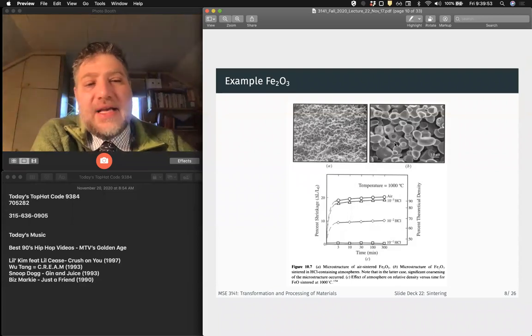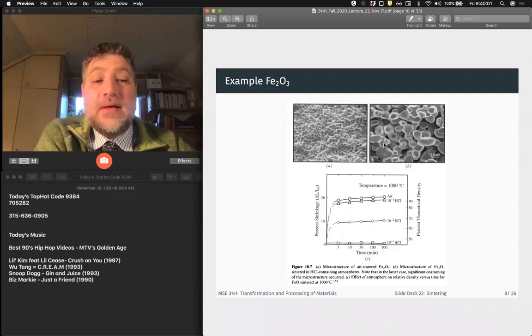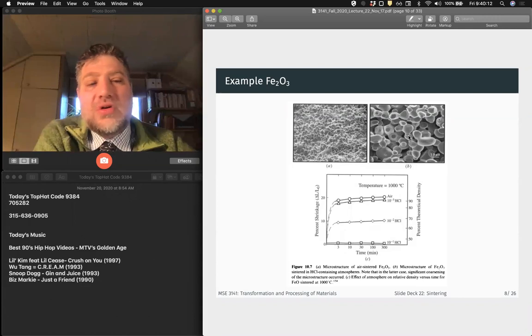But anyway, the idea is these started with very similar, if not identical, powder sizes. They were sintered for the same amount of time. But here we got a very dense compact. Here our particles just coarsened, and now we have huge pore spaces.